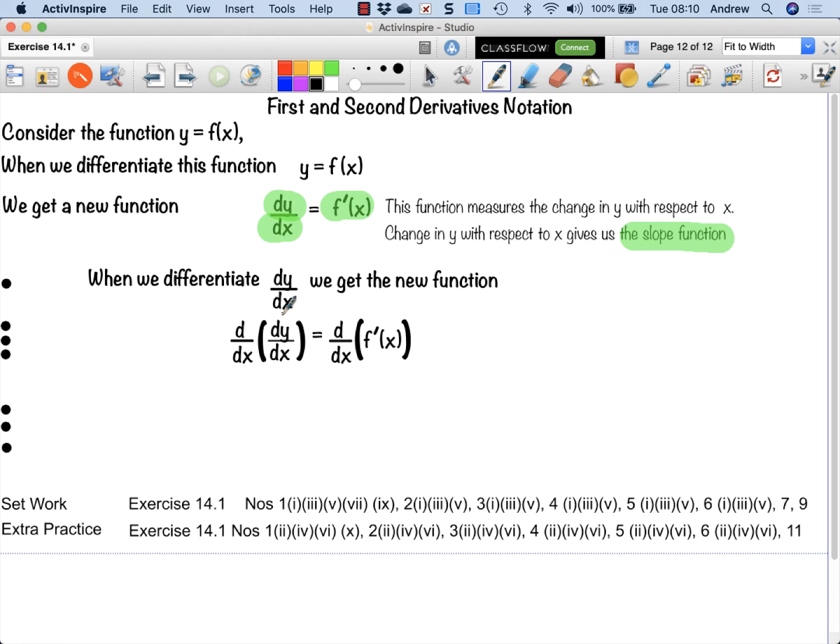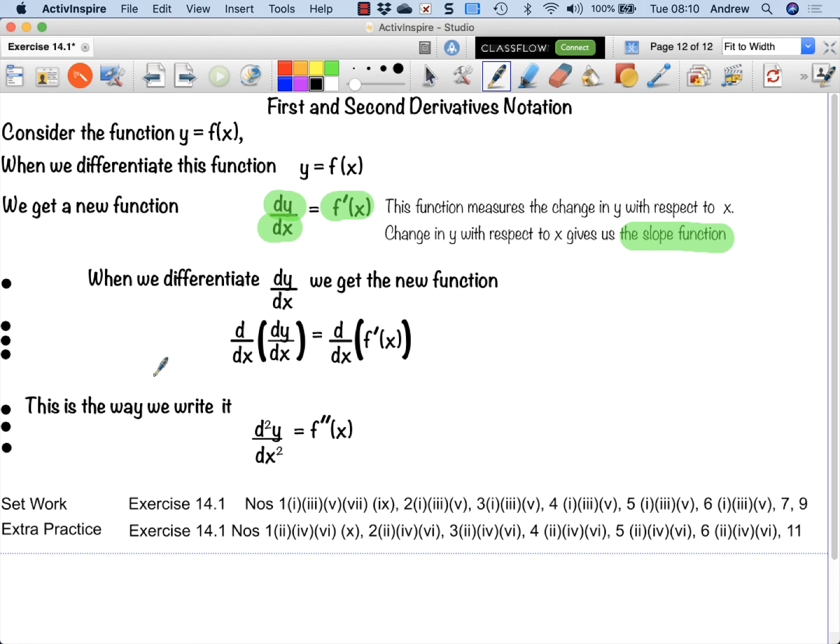When I differentiate the dy, it's pronounced d2y. And when I differentiate dy dx, it's d2y by dx squared. And this is the way we write it, d2y by dx squared. If it's function notation, then the dash goes to a double dash.